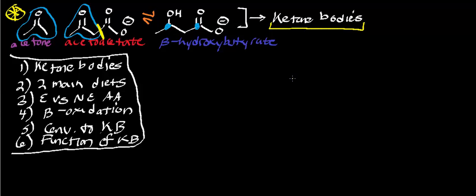Okay, so there's two basically different mechanisms that you use to make these guys. Okay, but in any case, the liver makes them, dumps them into the blood. They travel through the blood, go to peripheral cells like the muscle, the brain. They're intaken into those cells and then used. Okay, so I just want to get this thing out of the way that there's two primary diets where you'd be doing a lot of this: if you're getting a lot of fat from the diet, a lot of protein from the diet.